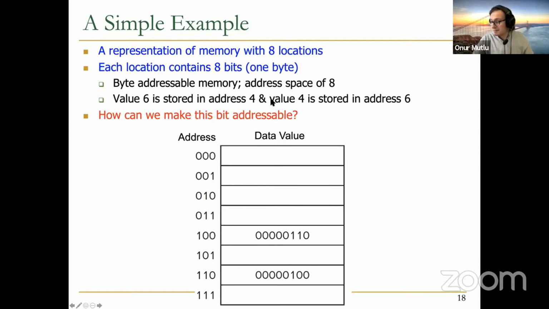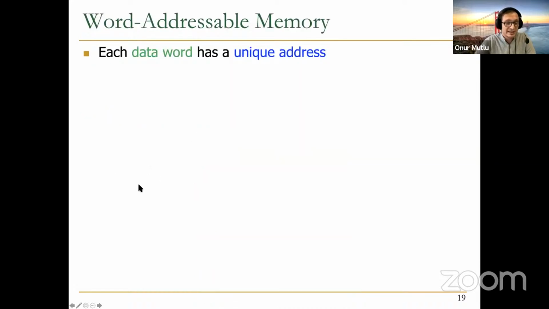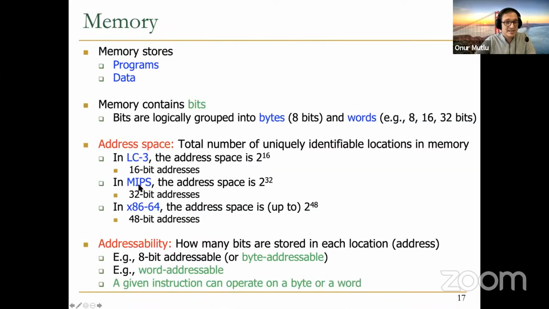Okay. There's one question which I will quickly handle. What's the difference between address space of 8 and address space of, say, 8 bit? Does the latter correspond to the bus size? So address space is really how many locations do you have in memory. If you go back over here, address space is the total number of uniquely identifiable locations. It doesn't say how many bits you have in each location, okay?